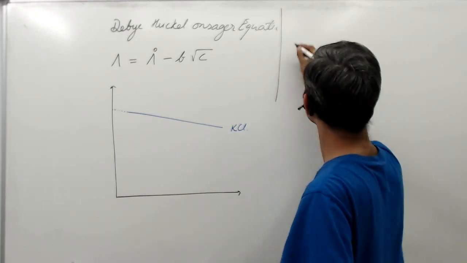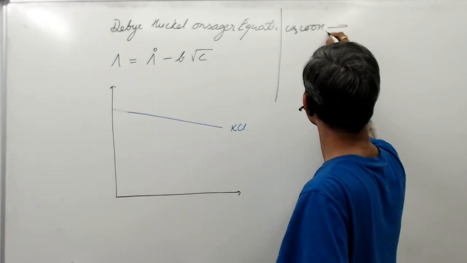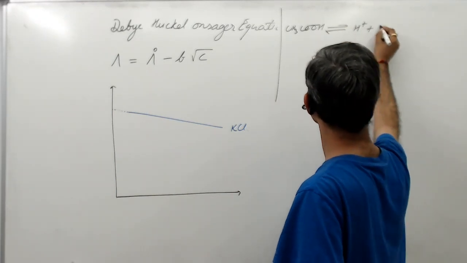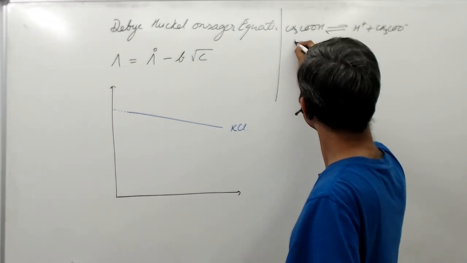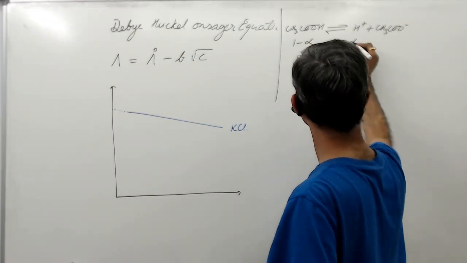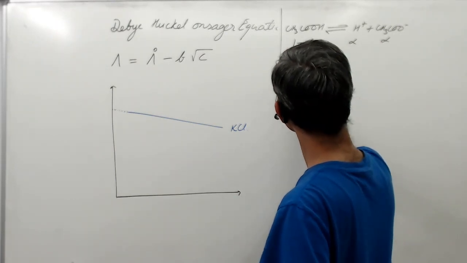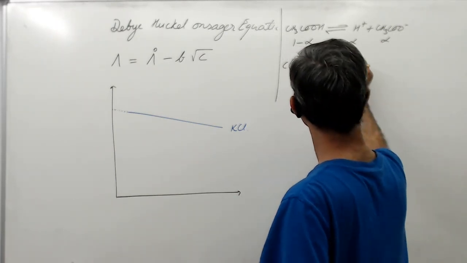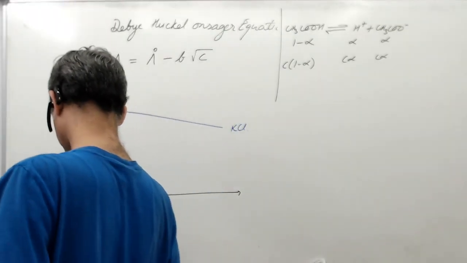So we have CH3COOH in equilibrium with H plus plus CH3COO minus. Now is it visible? Yes, sir. Here we have 1 minus alpha, here it goes alpha, here it goes alpha. If we multiply it by C, we get C into 1 minus alpha, C alpha, C alpha. This is what we get.